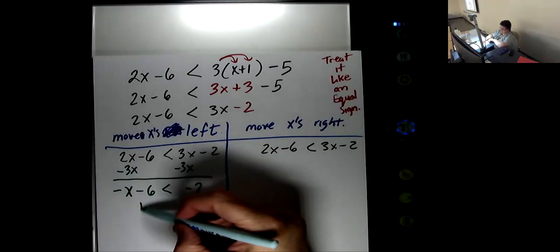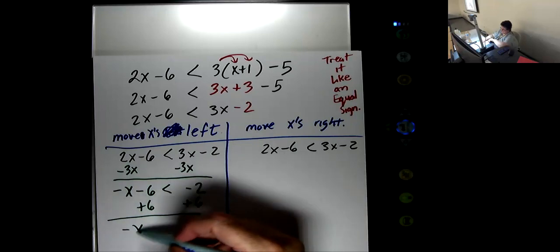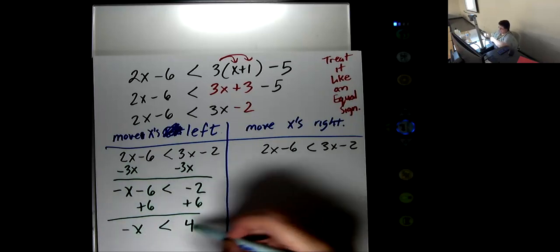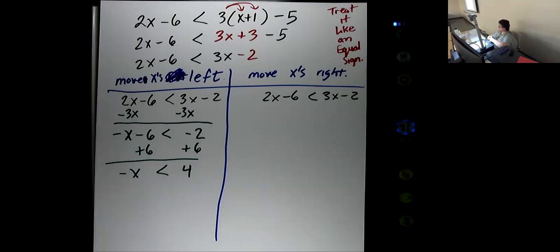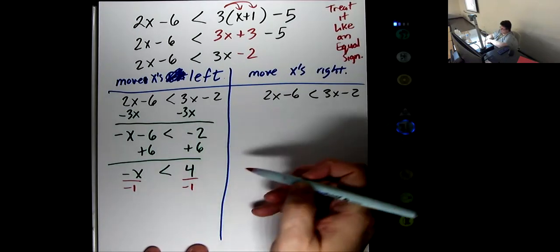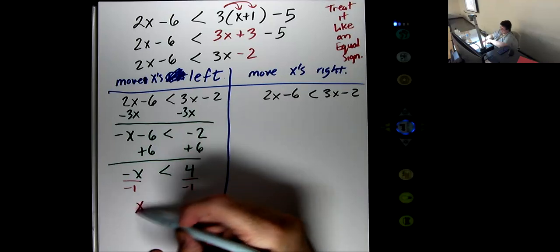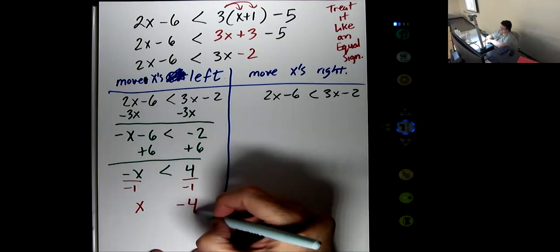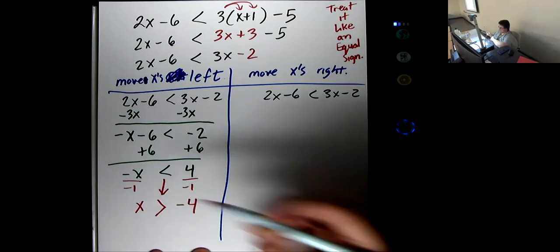Now I can add 6 to both sides, and I get -x is less than 4. Finally, if I want to divide by -1 or multiply by -1, it does the same thing. The x becomes positive, the 4 becomes negative, and we have a direction flip on the inequality symbol.